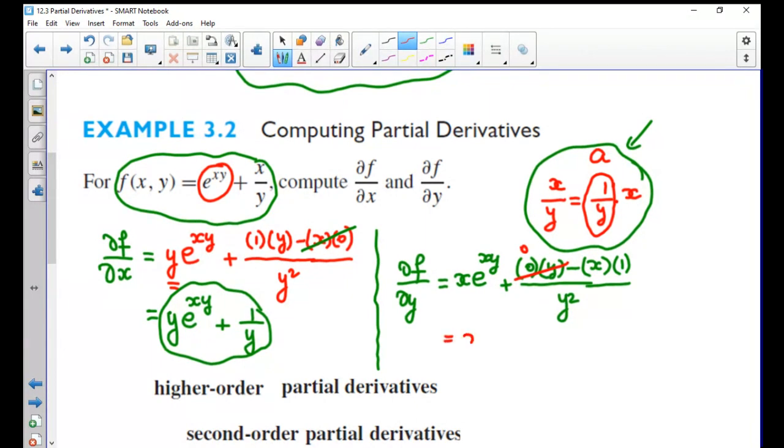So then you will get x e to the power of xy minus x over y squared. And that is the derivative of the function with respect to y. Does that make sense? Yes? All right.